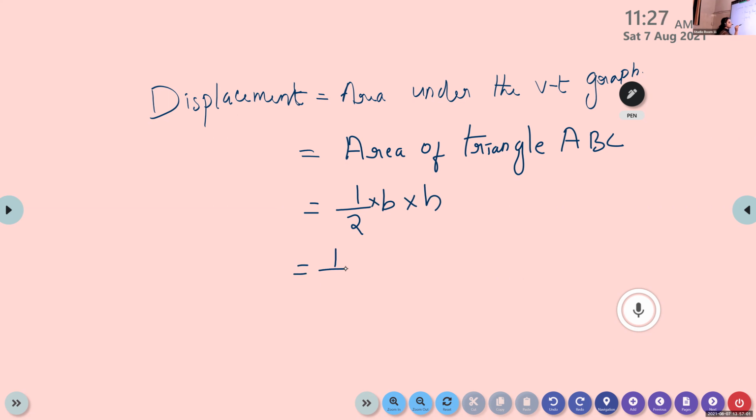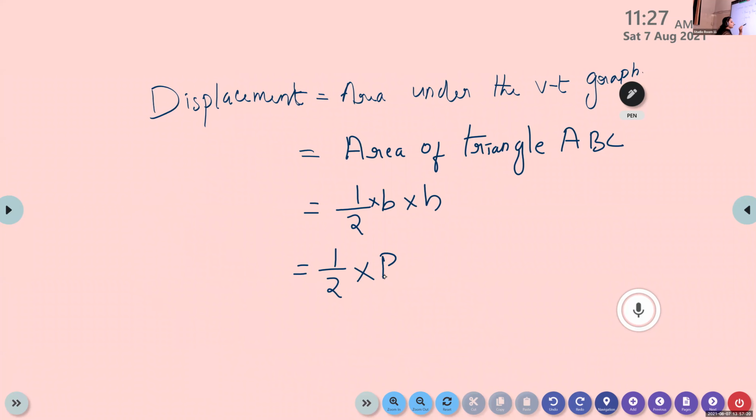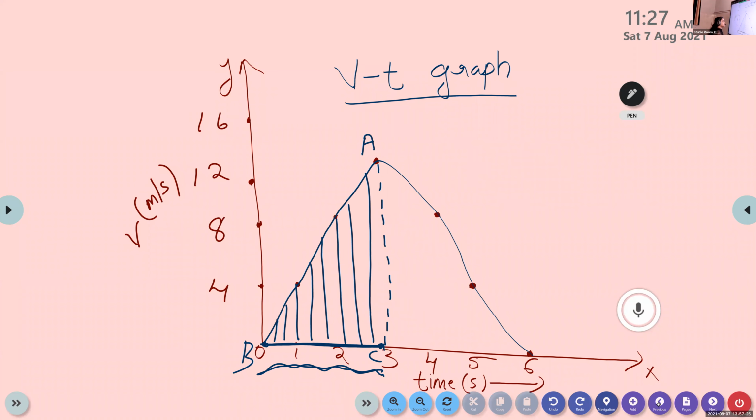That is equal to half into, what is the base here? The base is 3 minus 0. Here the base is BC, right? Base is BC into, what about the height? Height is AC, right? 12.